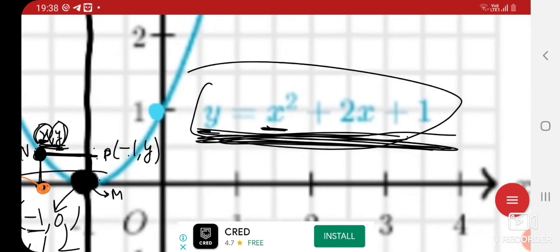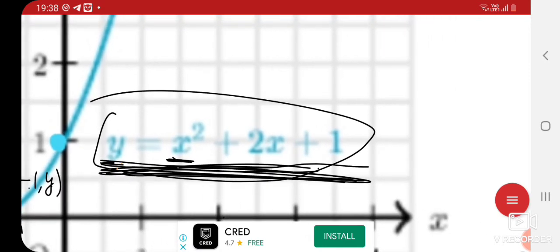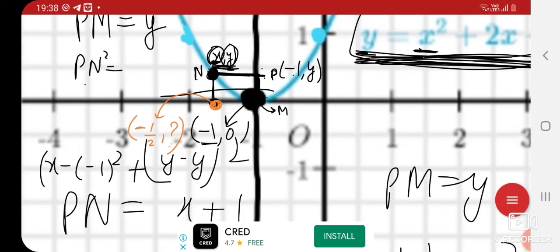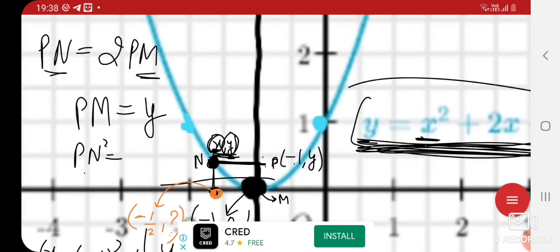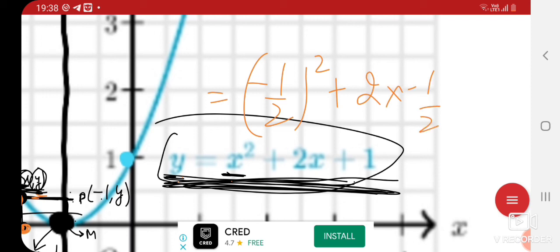You can get the value of y by putting the value of x in this equation, because this equation y is equal to x square plus 2x plus 1 satisfies this whole quadratic graph. That means if x is located somewhere on this graph, you can find the value of y also. So how can you find this? This can be minus 1 by 2 square plus 2 into minus 1 by 2 plus 1.